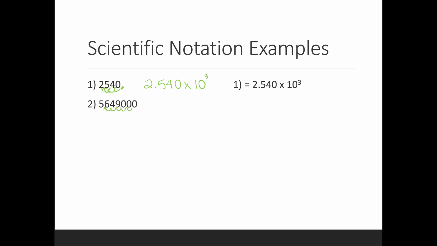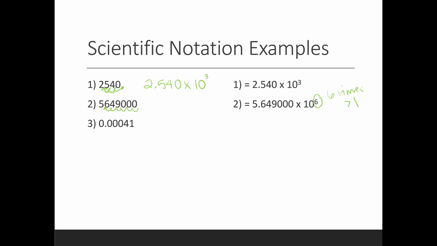I have moved the decimal 6 times to the left, and I have a positive exponent. So my number is 5.649000 times 10 to the 6th. The 6th tells me I moved my decimal 6 times, and my number is greater than 1 because it's positive.